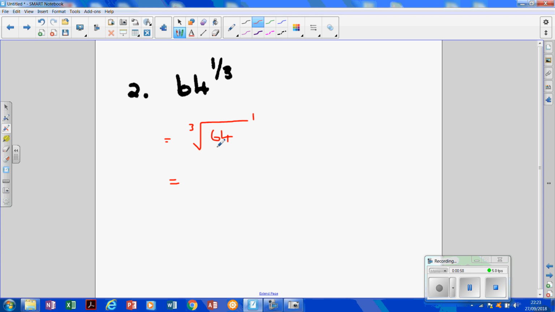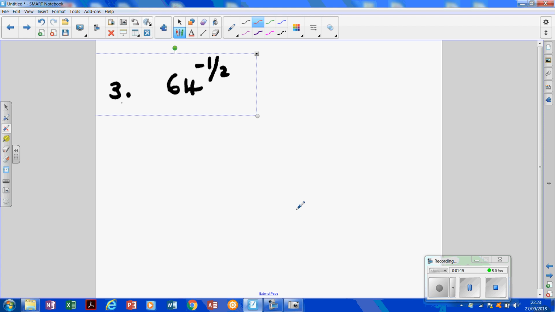I'm looking for a number that multiplies by itself 3 times to give us 64. So if we look at 4 times 4, 4 fours are 16, 4 16s are 64. So the cube root of 64 is 4, so it's 4 to the power of 1, and your answer is 4. Now you will get to know these numbers, okay? They're usually lower numbers.